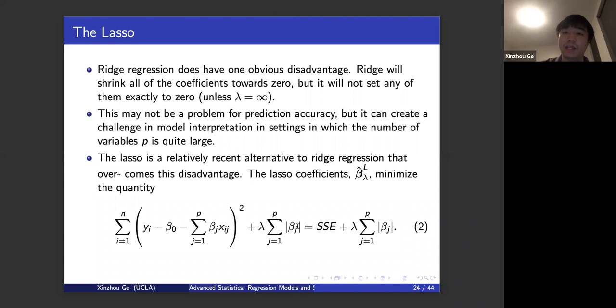So here we want to minimize the sum of SSE and lambda times the sum of absolute values of all the coefficients. And to solve this, we can get some of the coefficients to be 0. And that's the main advantage of lasso.